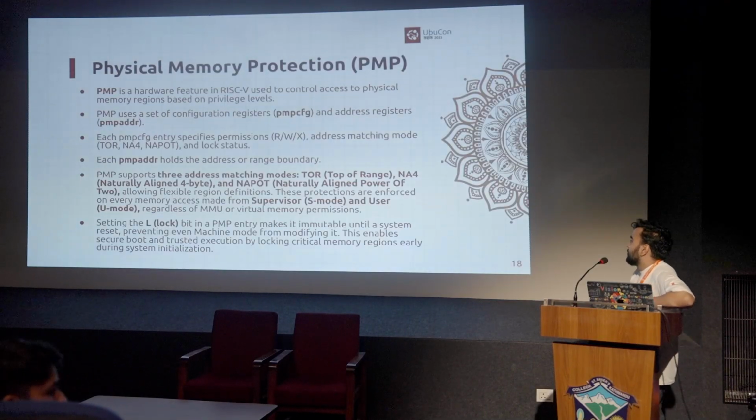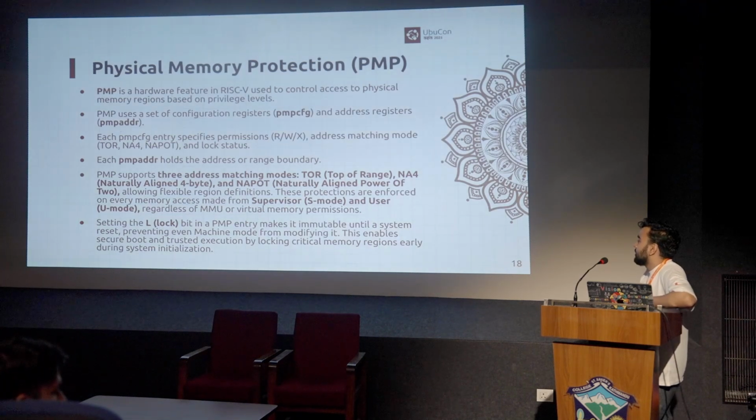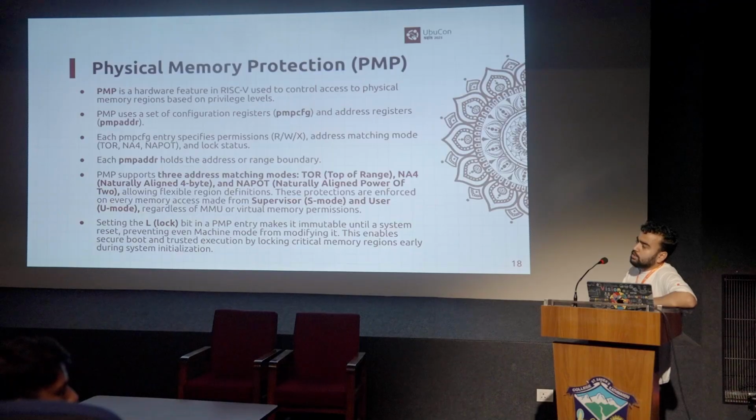Another is that it can help us enforce the protection using supervisor and user mode regardless of the virtual memory permissions as well. The last one is the lock bit in PMP, which can make it immutable until a system reset, preventing even machine mode from modifying it.